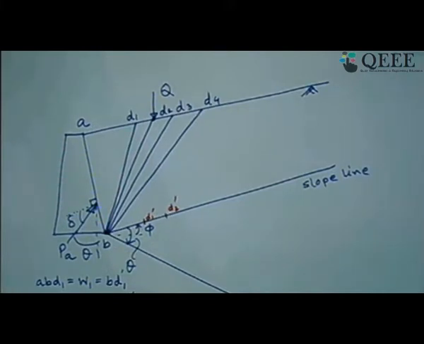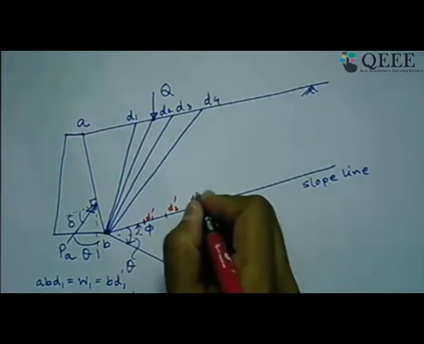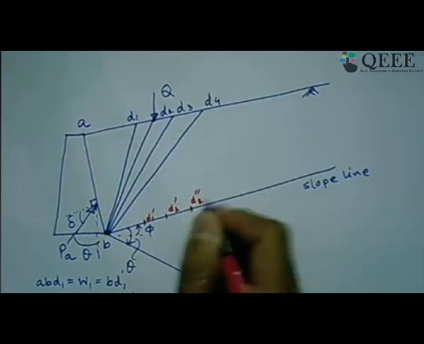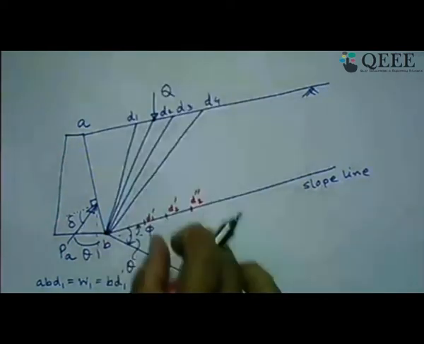So this will be some distance apart from D2 dash, and this D2 dash to D2 double dash is nothing but our scale of Q. Next, your ABD3 will be equal to W3 due to the unit weight, and for this one Q is already included, so Q is automatically there. You cannot neglect this Q.